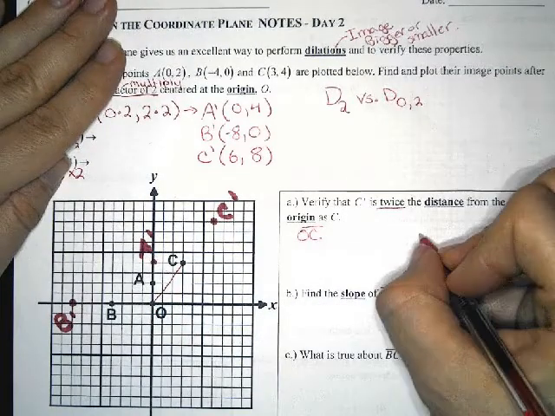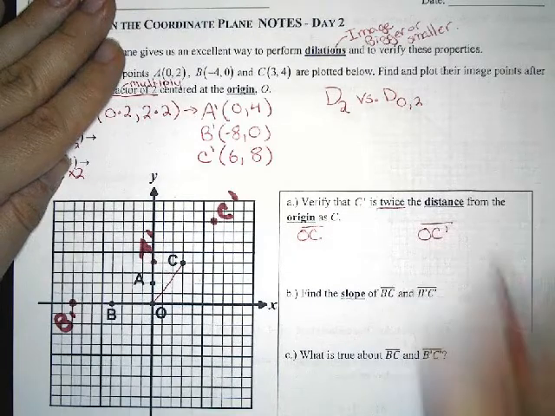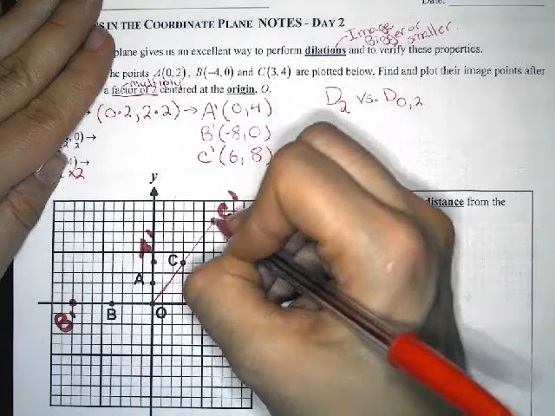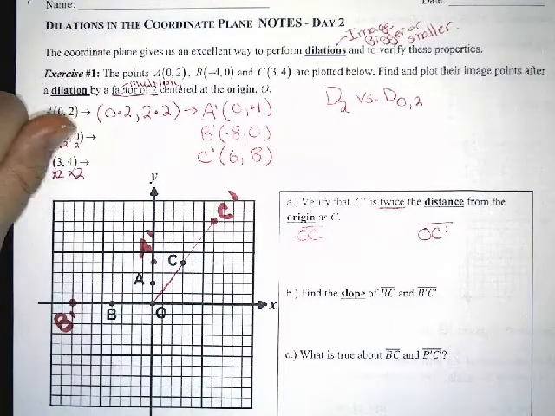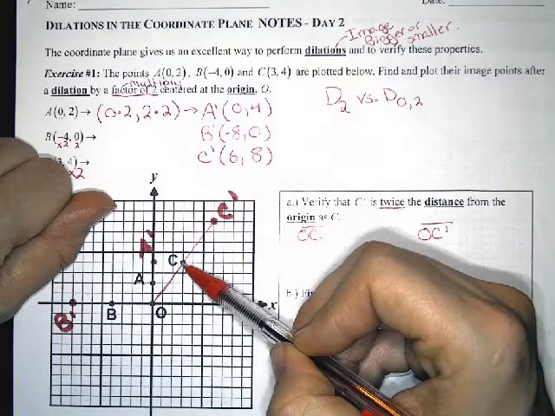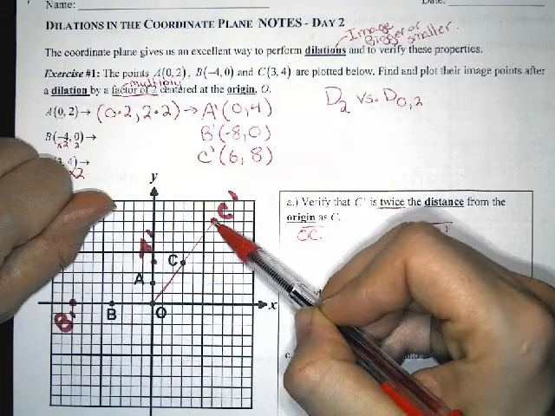And we also need to find the distance from O to C prime. Okay. Well, if we did our dilation correctly, O to C would double to get to OC prime, and that's what we're going to verify.